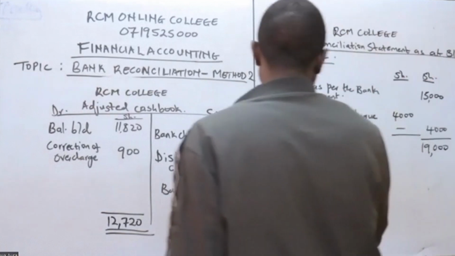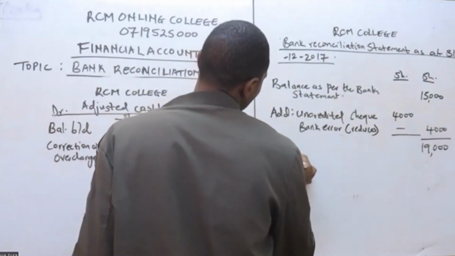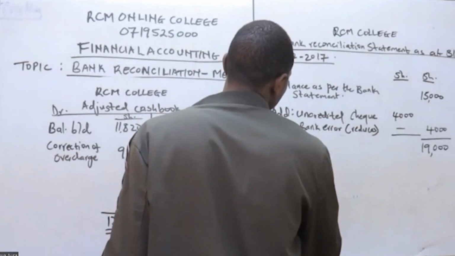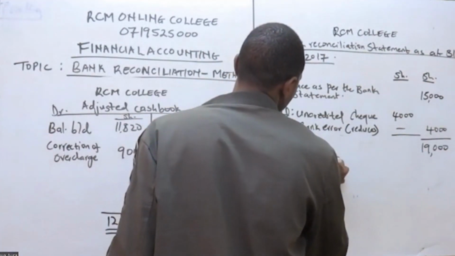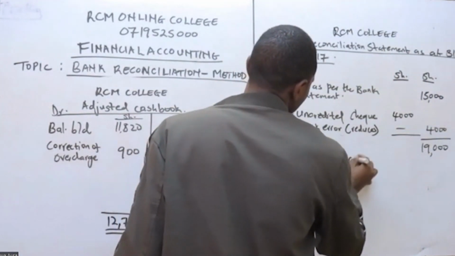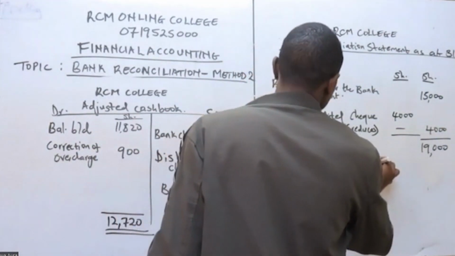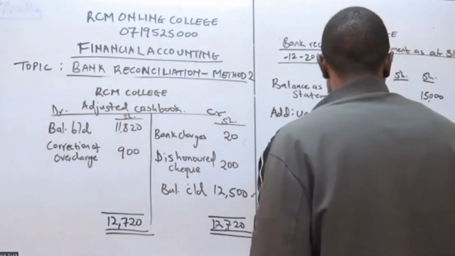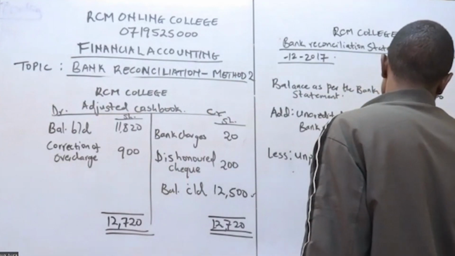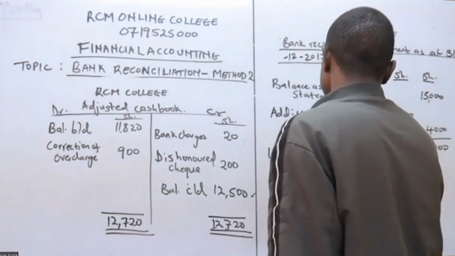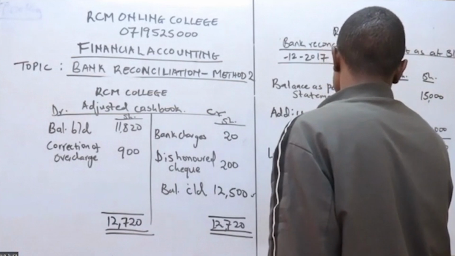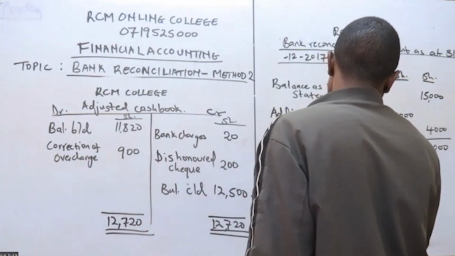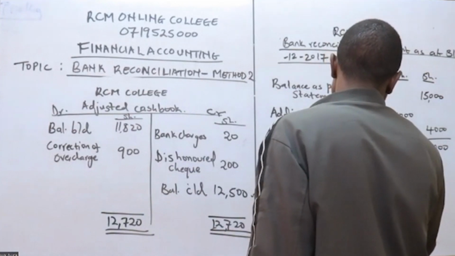If I get 19,000, I less the unpresented check. For this unpresented check, we had 6,500. Do you have any bank error that increases our bank balance?